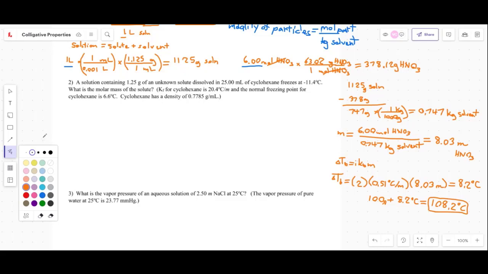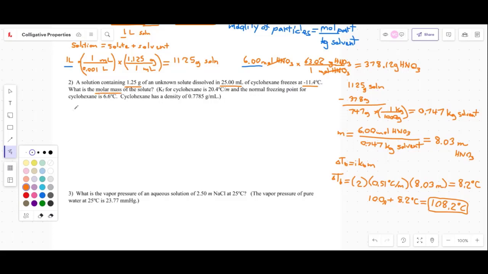So, a solution contains 1.25 grams of an unknown solute, and it's dissolved in 25 milliliters of cyclohexane, which freezes at negative 11.4. What is the molar mass?